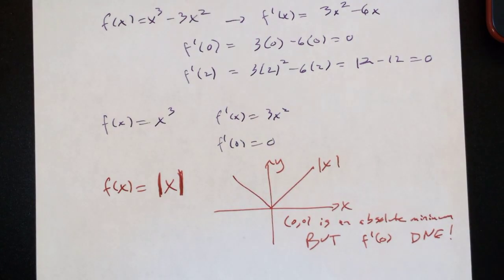So unfortunately, it isn't enough to just look for places where my derivative is 0. I also have to think about where my derivative is going to fail to exist. What's the behavior of the function around the points where my derivative is 0 or fails to exist?